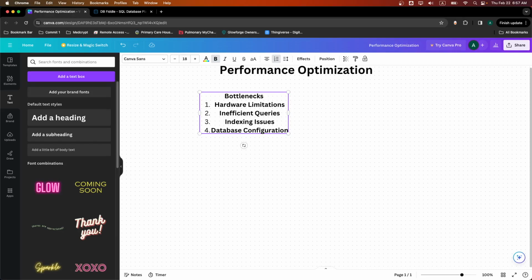Another example is going to be the network latency. If you have high network latency between users and the database, it can cause delays in the data transmission.